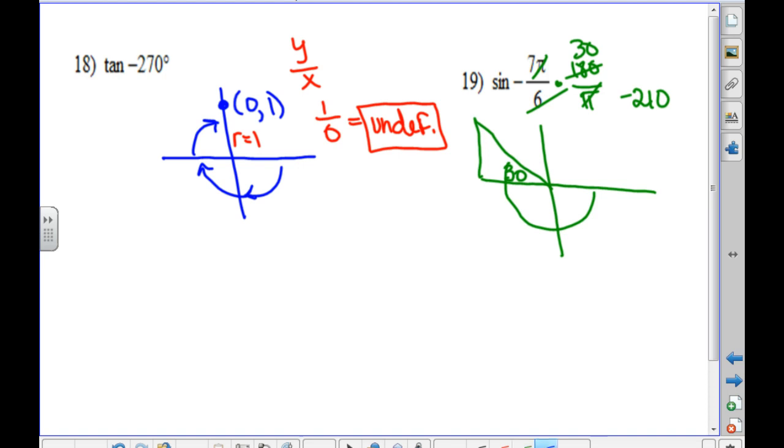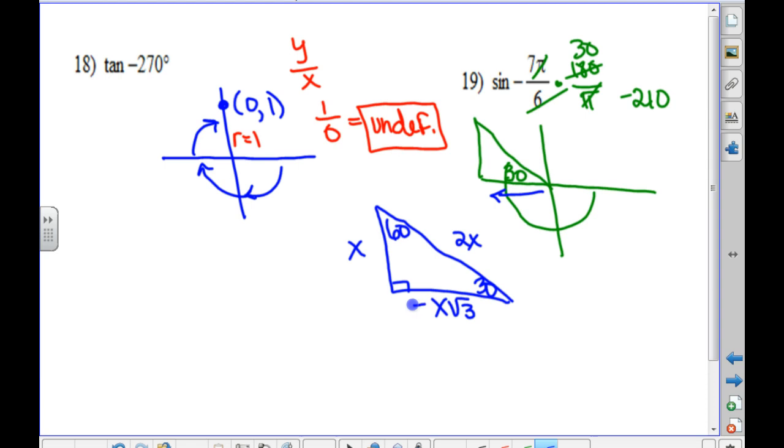I'm going to redraw that because mine looks like a 45, 45, 90. And now it looks even worse. 30 here, 60 here, 90 here. Okay? Short leg is x, hypotenuse is 2x, this one is x square roots of 3. Because we're over in that quadrant though, which one is negative?